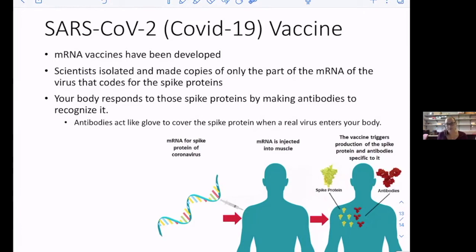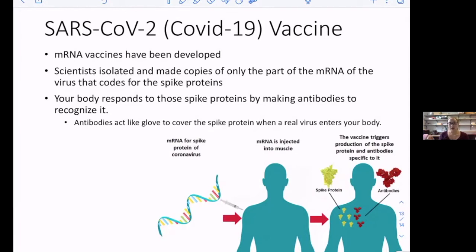No part of the spike protein is responsible for building other parts of the virus. Replicating the full RNA of the virus is not in the mRNA vaccine for COVID-19. So they made copies of the mRNA that codes specifically for just the spike protein.